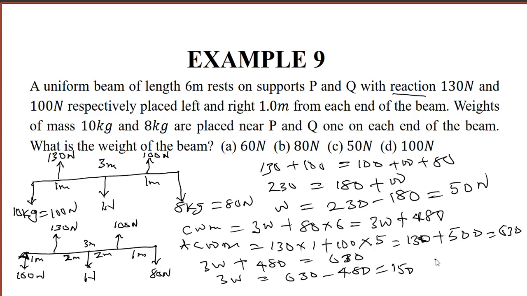So we can say weight W is 150 divided by 3, and that is 50 Newton. So you see that in this case, applying the rule for parallel coplanar forces simplifies our expression.